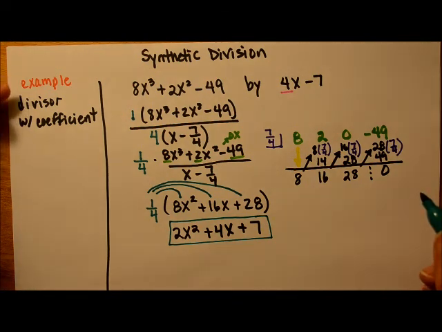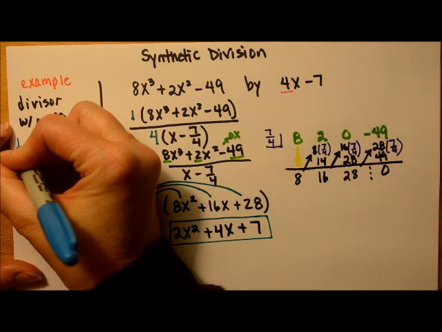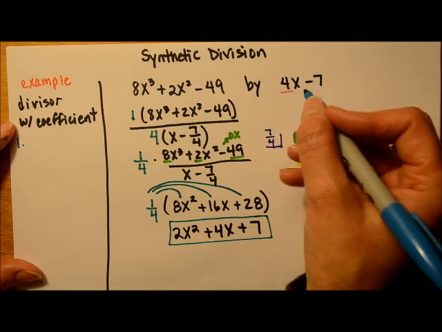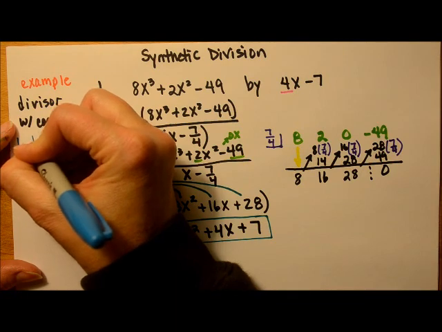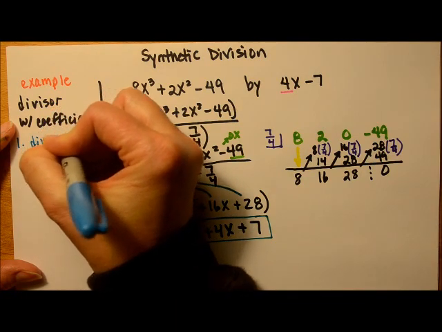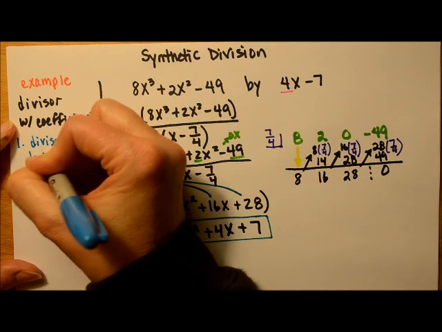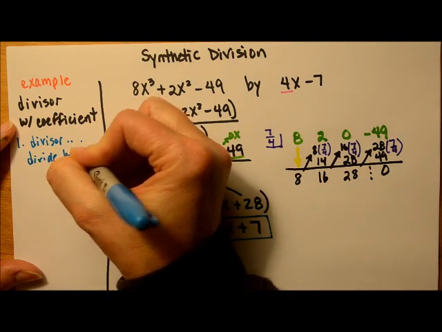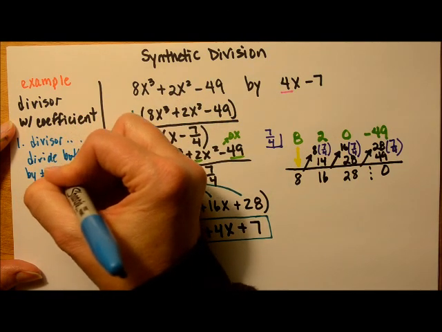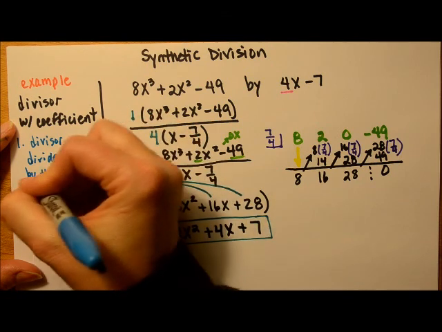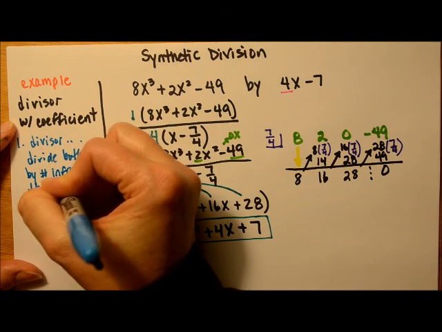So this is an example of a divisor with a coefficient. Stepwise, it's all the same steps that we did before. The first thing you have to do, though, is divide both terms of the divisor by the number in front of the variable.